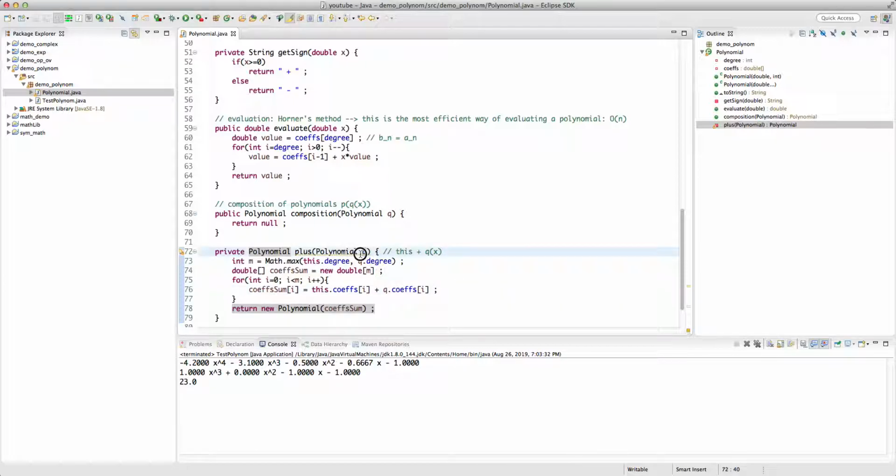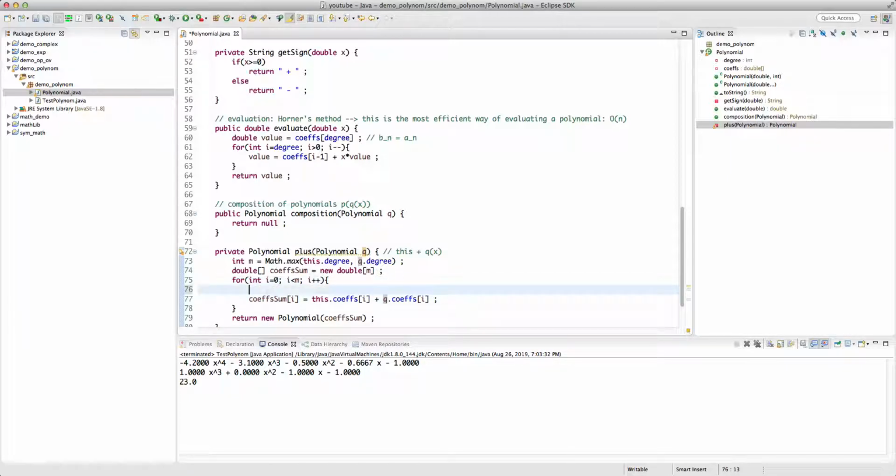Now the problem here is that maybe the degree of q is less than the degree of our current polynomial, this polynomial. So this could throw an exception, because it goes into an array out of bounds exception. And in order to avoid that, we can write an if, so basically a few ifs.